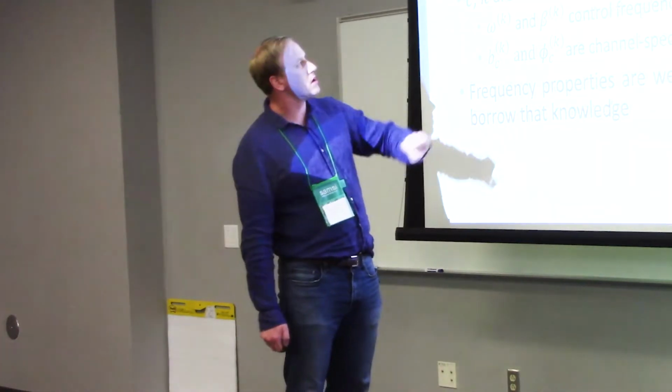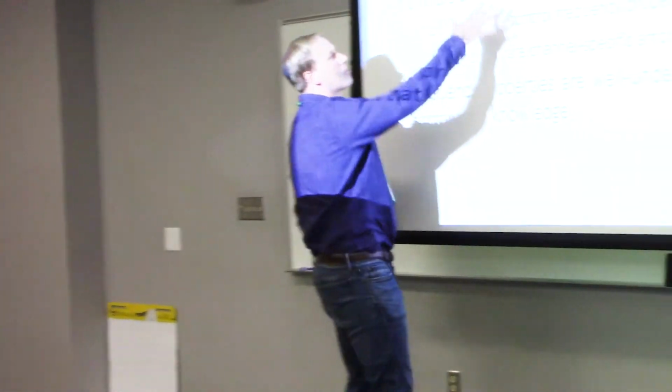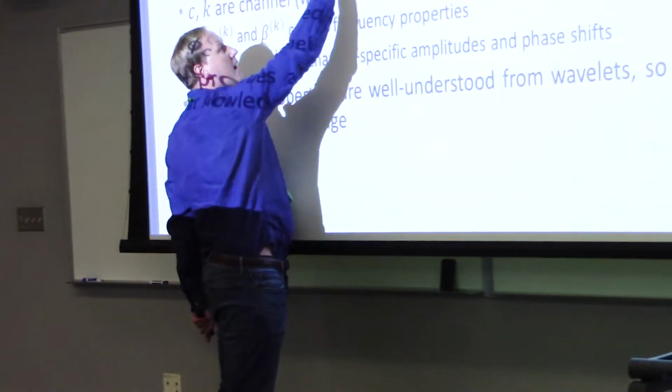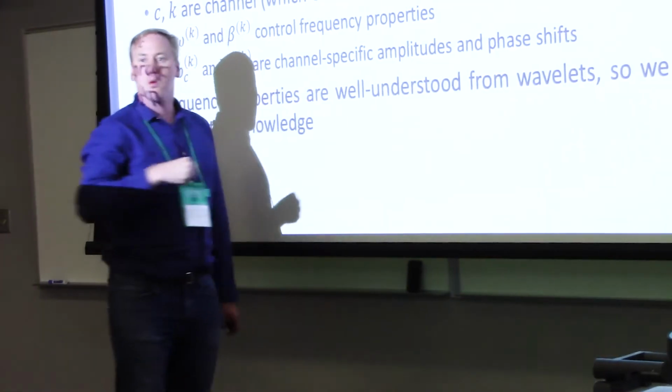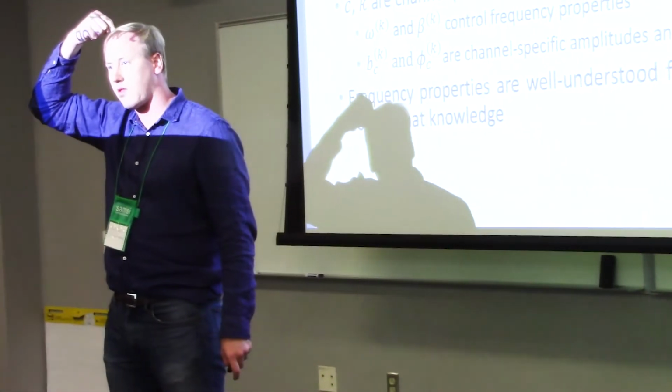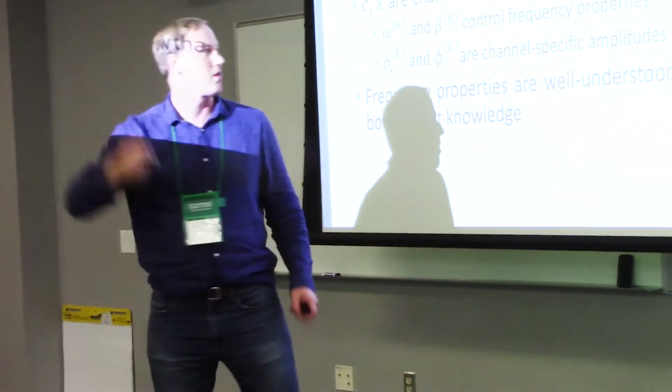So for that first filter bank, we're going to say for the kth feature, this could just be 1, our first feature, on each channel C, a convolutional filter looks like this. We have a channel-specific weight. What this allows is that your convolutional filter can say how much we should use this electrode versus this electrode versus this electrode.